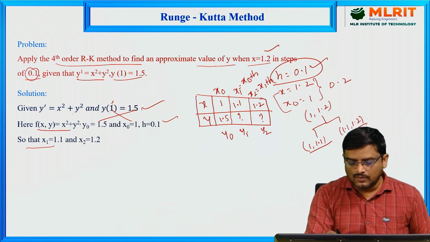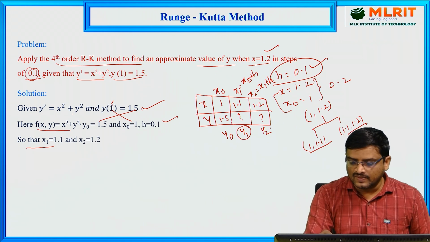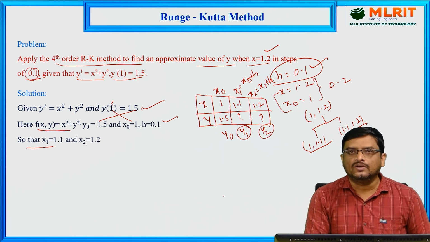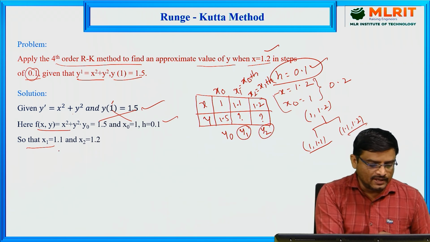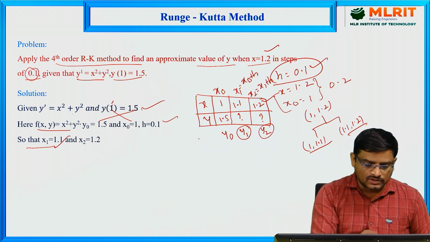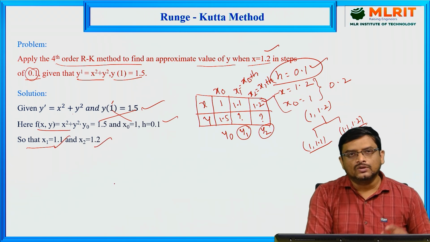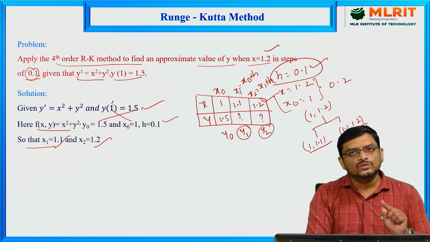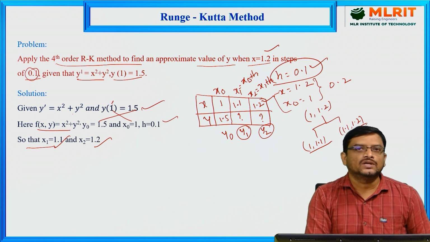So our task is finding the y1 value and the y2 value. At these two x values, x1 is equal to 1.1 and x2 is equal to 1.2, we have to get the solution of the given differential equation by using the RK method.